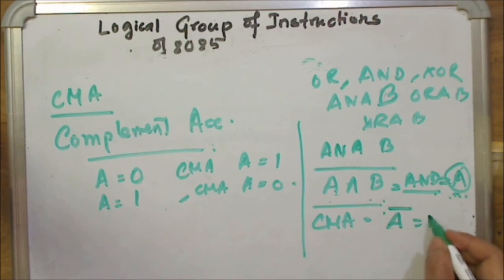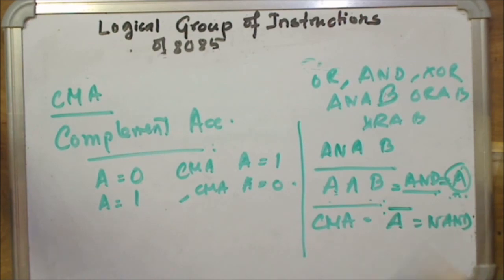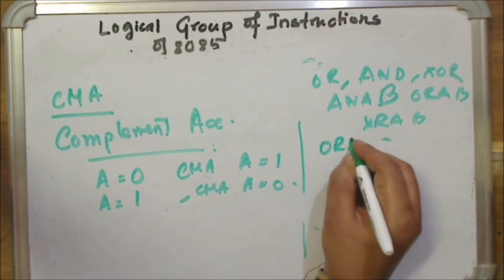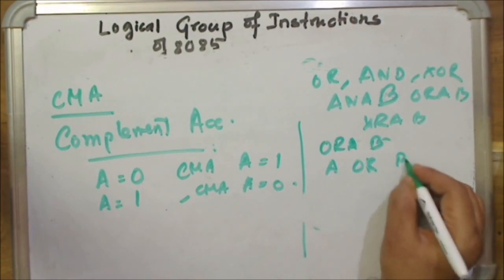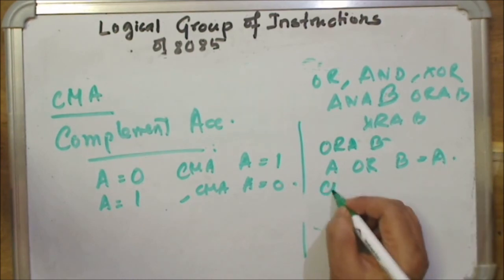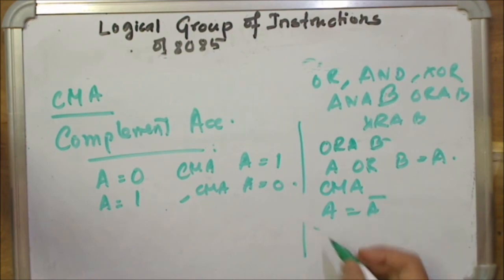So this is nothing but the NAND operation. Understood? Similarly, if you use ORA B, A is ORed with B and the result is stored in A. Then if you use CMA, A will become A bar. That is, OR will turn to NOR.